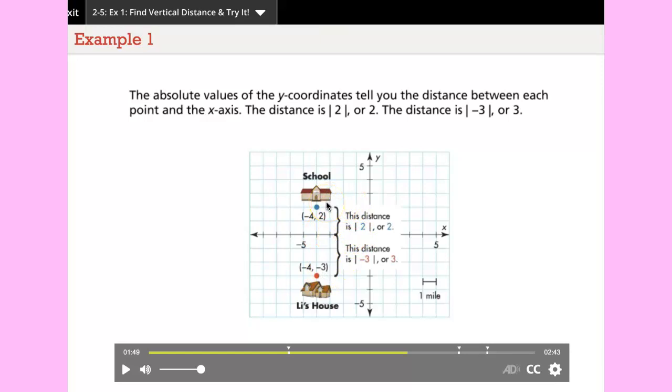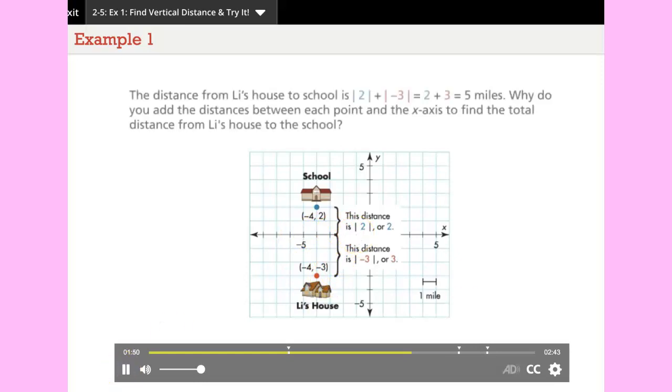That will also happen the same way when we go to the horizontal distance later on. So we always have to do it between the axes, and we're going to have more examples on it later on. The distance from Lee's house to the school is the absolute value of 2 plus the absolute value of negative 3, equals 2 plus 3, equals 5 miles.